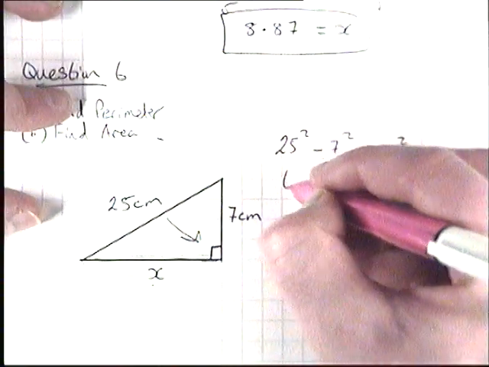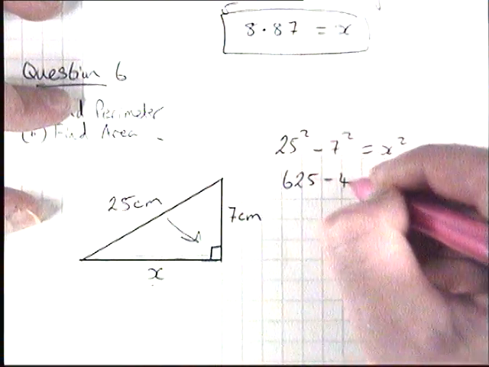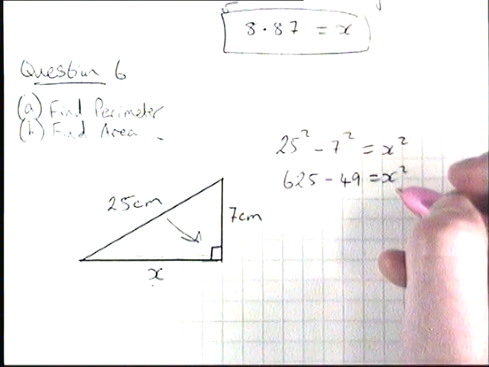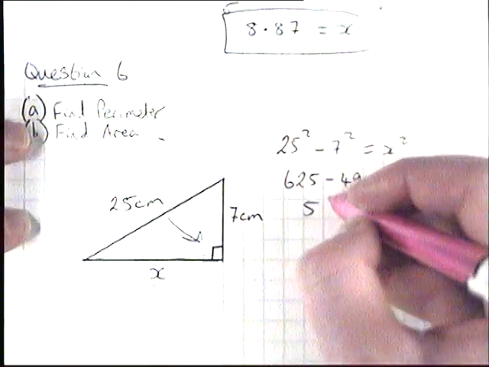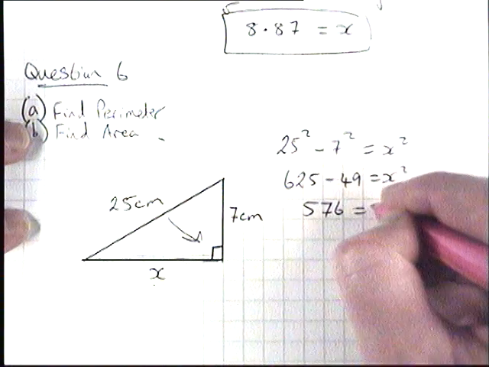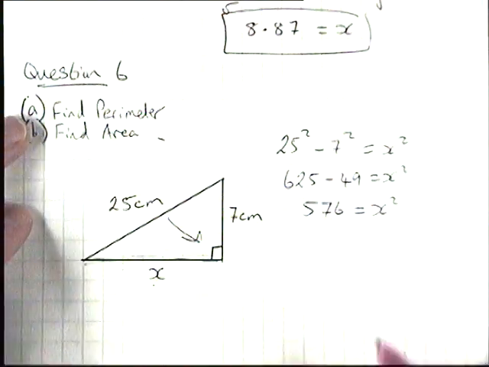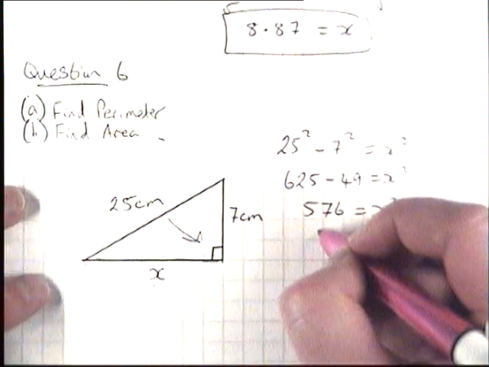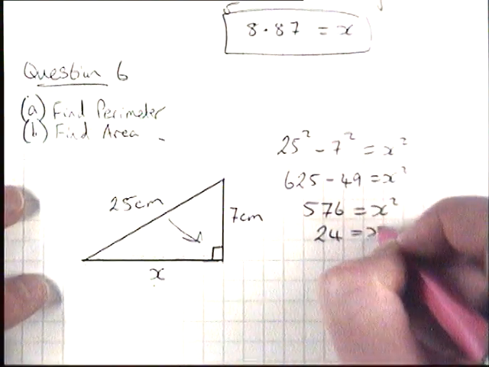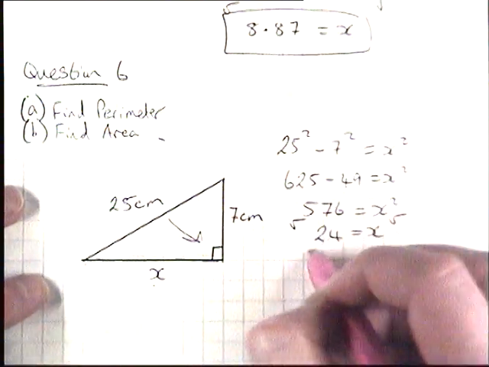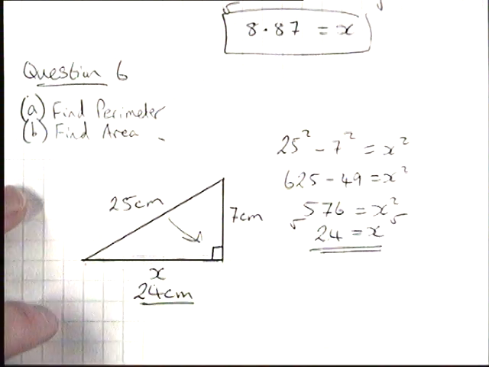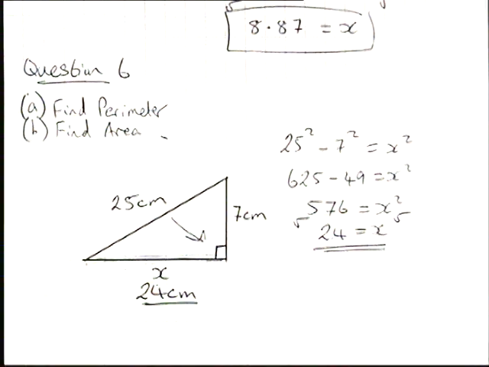So we've got 625 minus 49, still equal to x squared. So that leaves us with 576 equals x squared. So if we square root both sides, we're left with 24 equals x. So we know that this side is 24 centimeters.